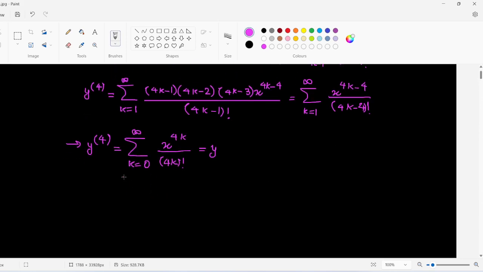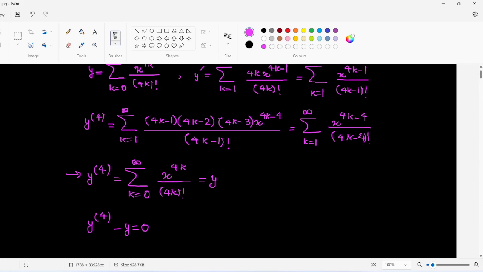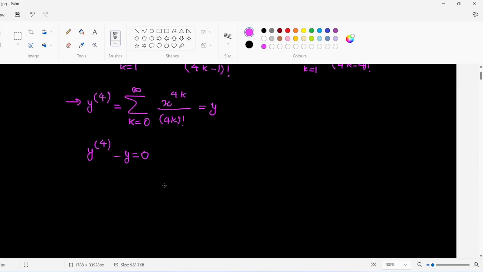So we have the fourth derivative of y equals y, or the fourth derivative of y minus y is equal to 0, which is a very simple, linear, homogeneous, constant coefficient, fourth order ODE.